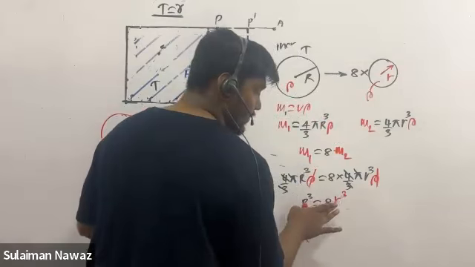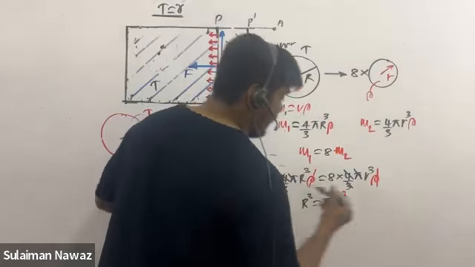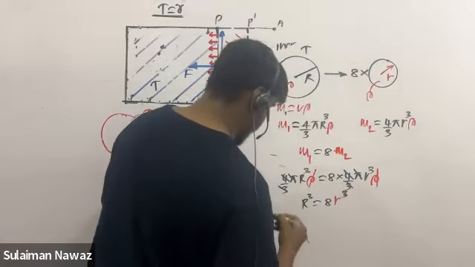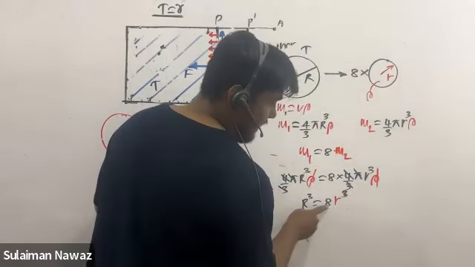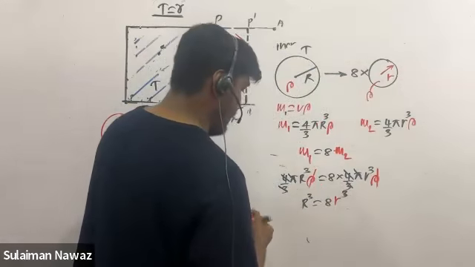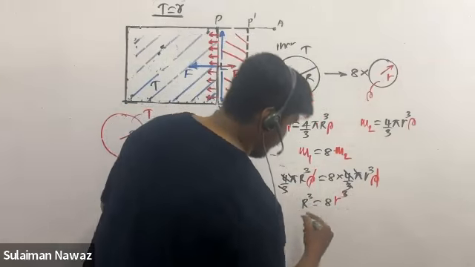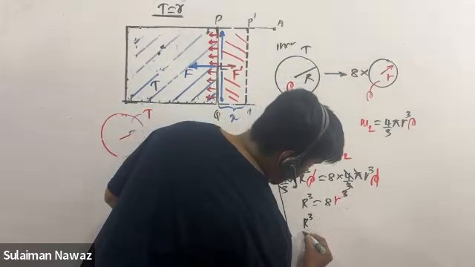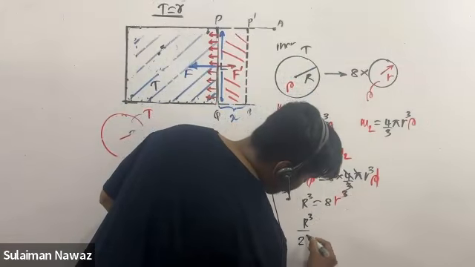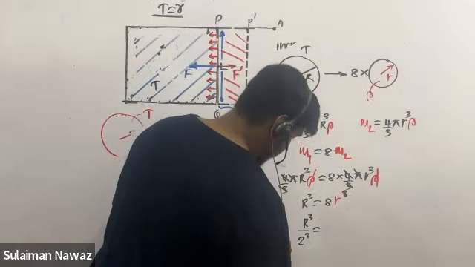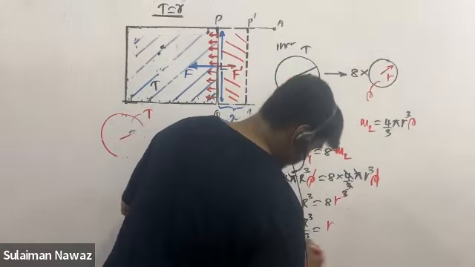Then I can write simple r in terms of capital R. 8 means 2 to the power 3. So capital R cube over 2 to the power 3 equals simple r cube.